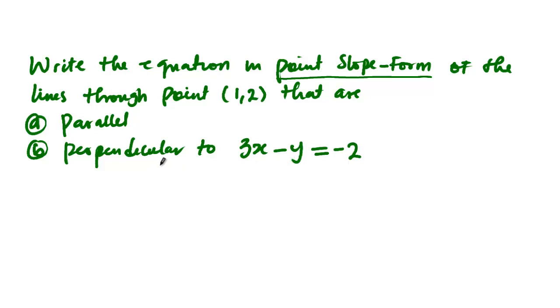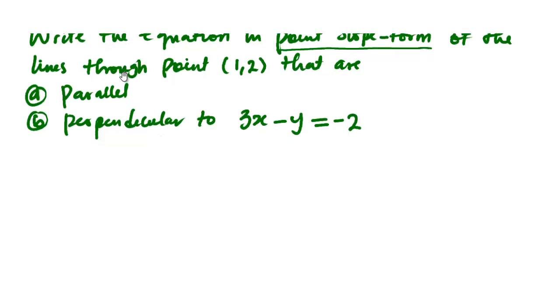So the first thing we need to do is to know what point slope form is. So recall that the point slope form of the equation of a straight line is given by y minus y1 equals m into bracket x minus x1. That is point slope form.